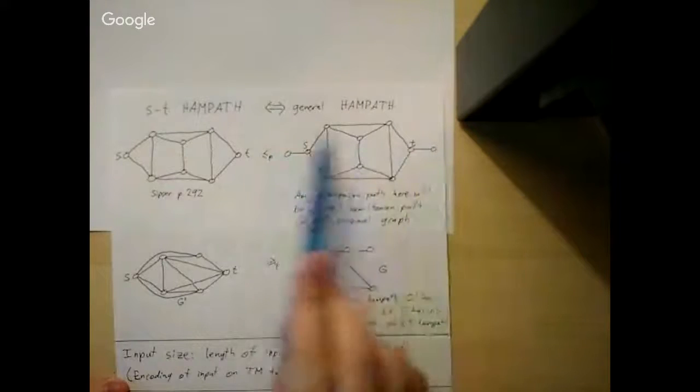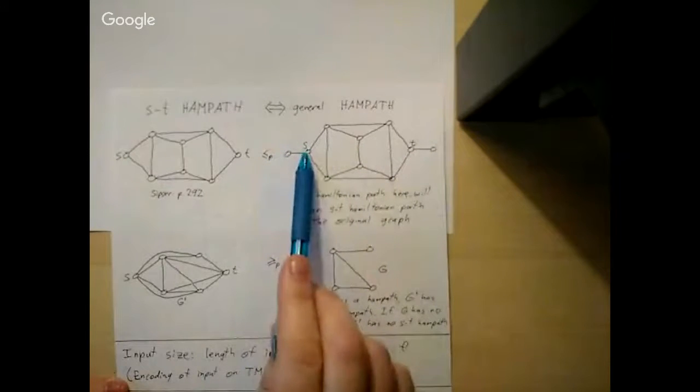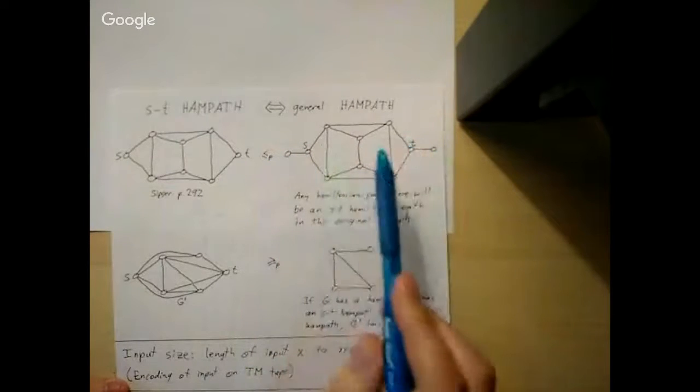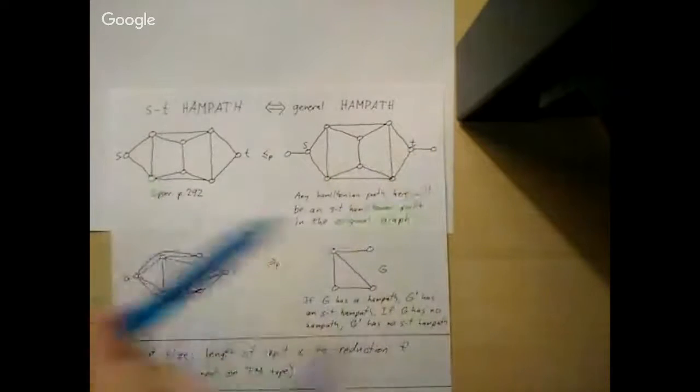So any Hamiltonian path here will include an ST Hamiltonian path in the original graph. That's how they're equivalent in one direction.